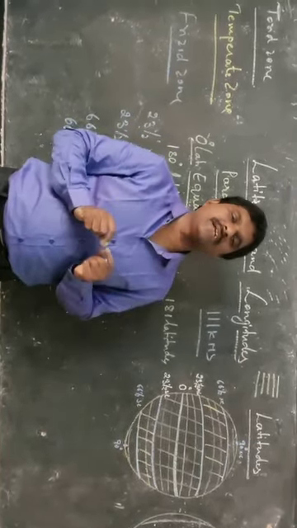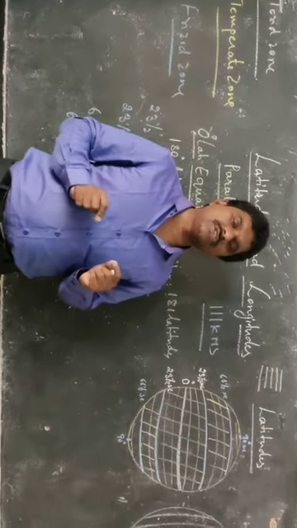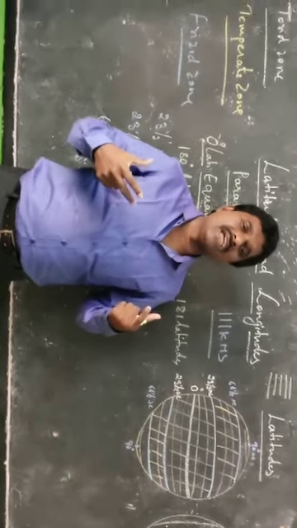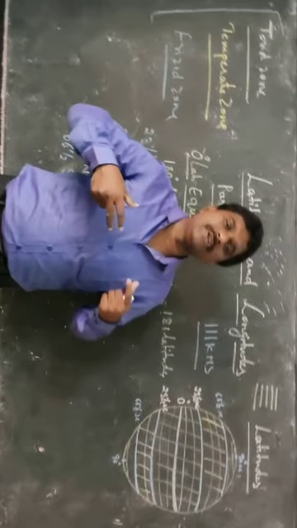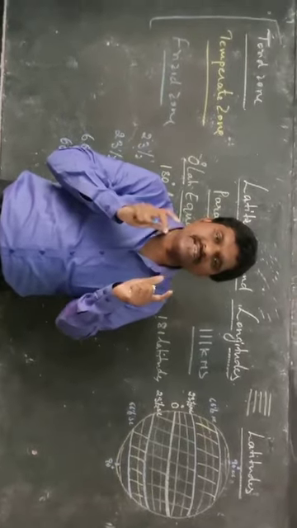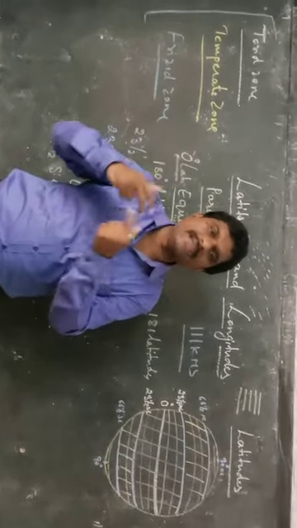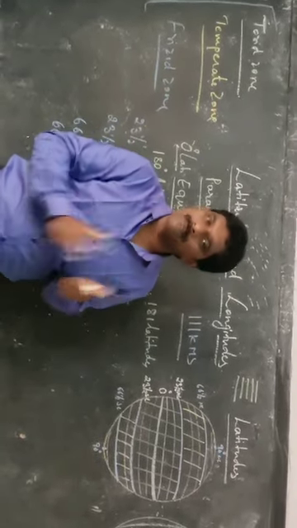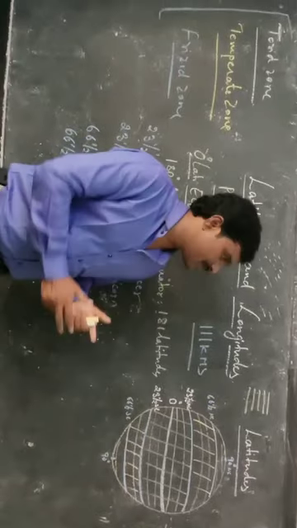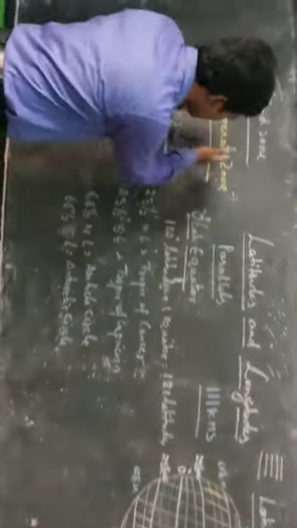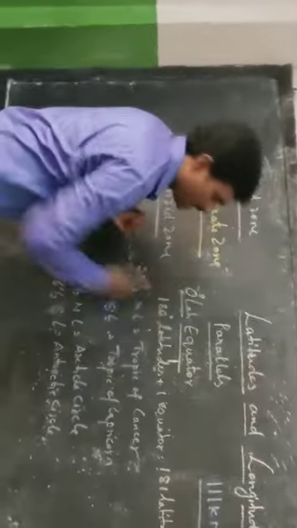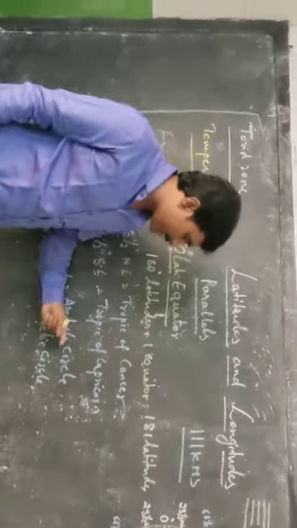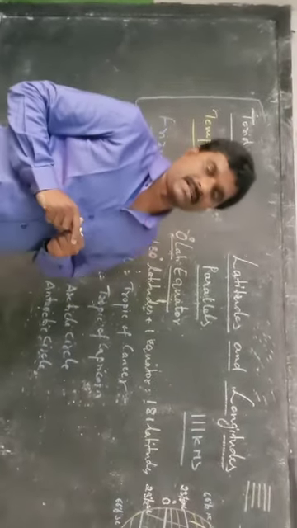That is very difficult, and it makes a bit of confusion, and it will be very difficult to identify. So the latitudes are given some numbers, and some of the important latitudes we have seen are the Tropic of Cancer, Tropic of Capricorn, Arctic Circle and Antarctic Circle.